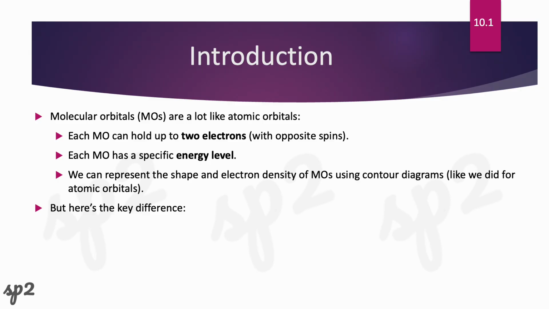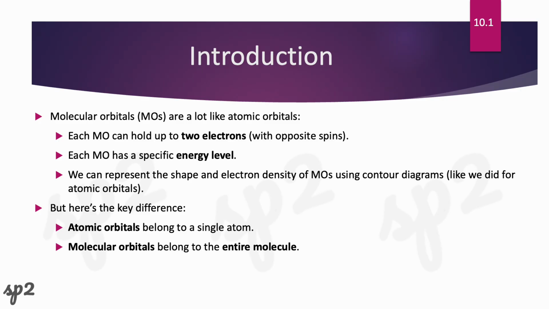Here's the big difference. As the name says, atomic orbitals belong to a single atom, but molecular orbitals belong to the entire molecule. So we have atomic versus molecular orbitals.